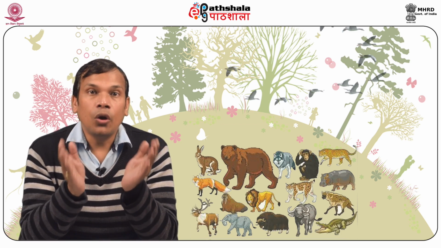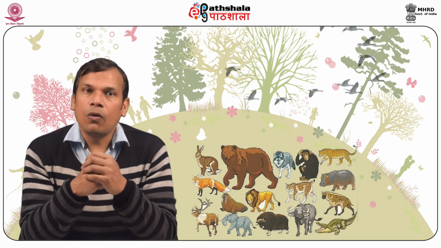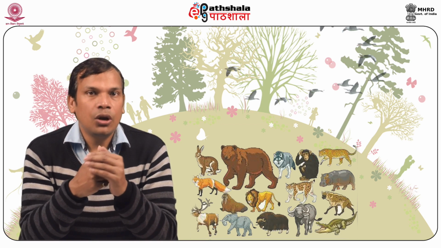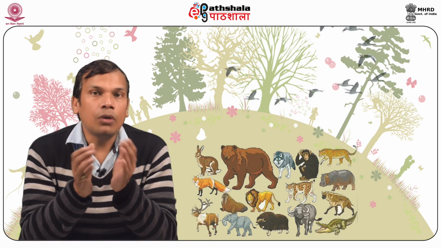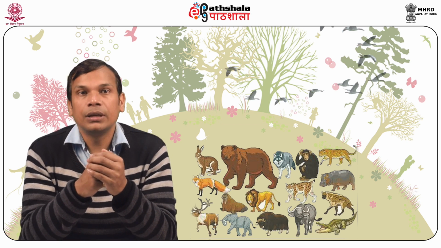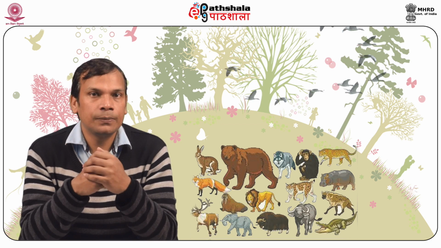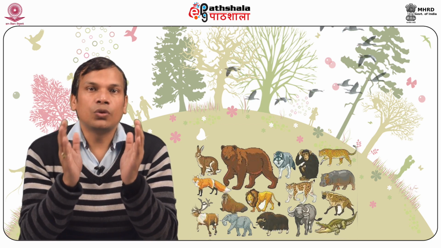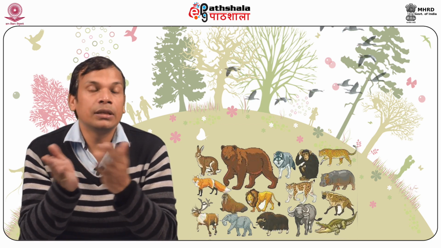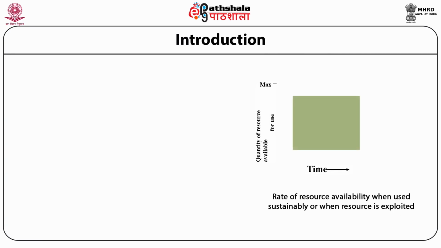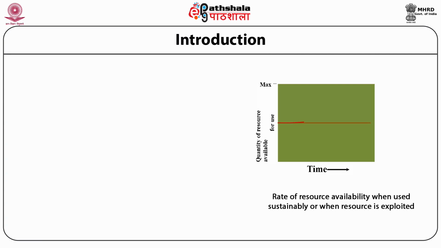Initially, the long-term consequences of human activities on the environment were not realized, and in the 1970s the mantra was that the solution to pollution is dilution. If the rate of resource utilization does not exceed the rate of replacement of resources, it is said to be sustainable.